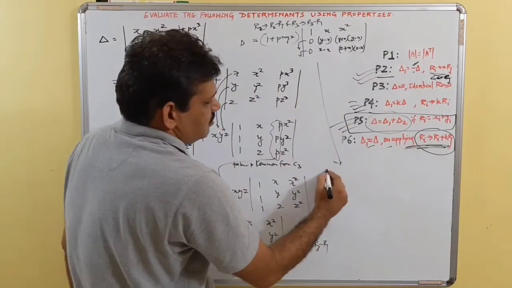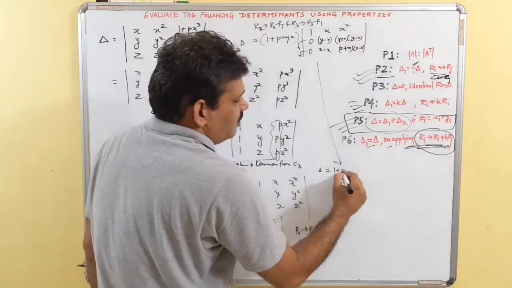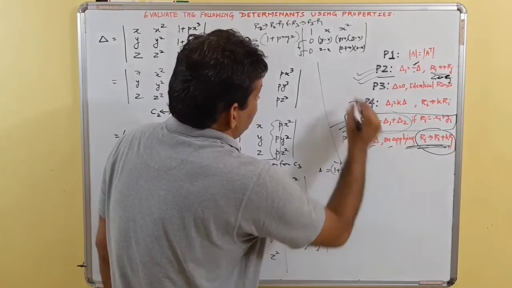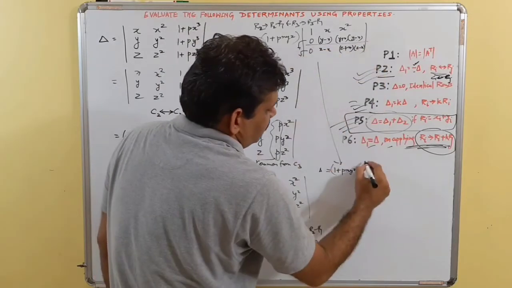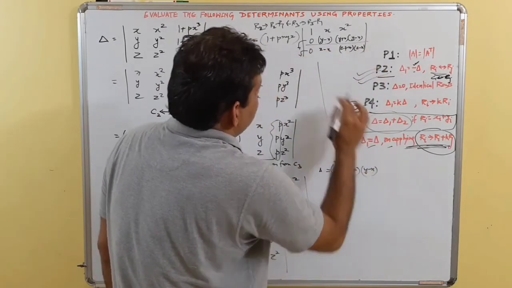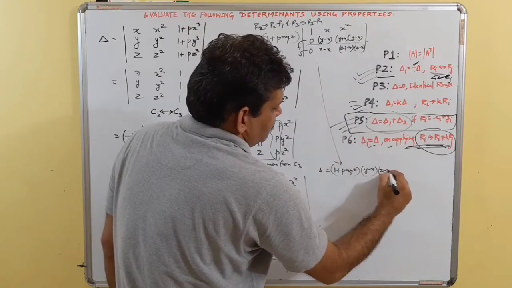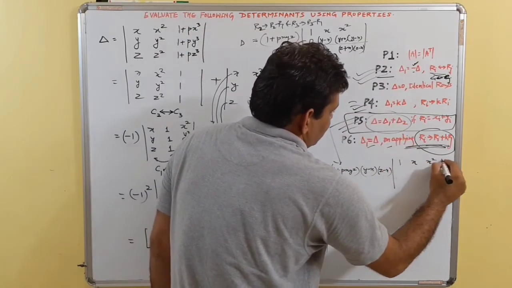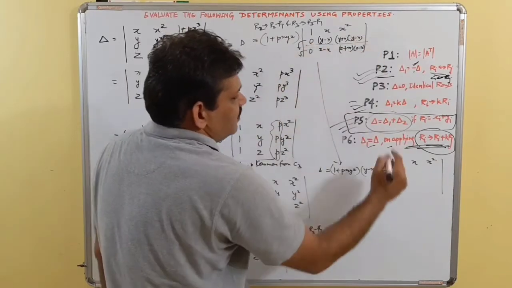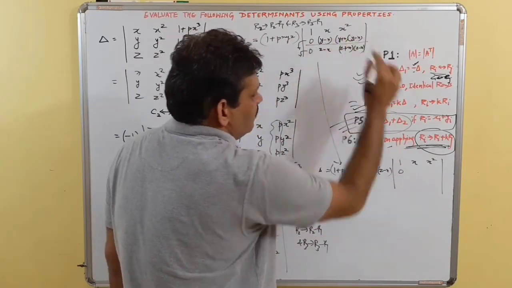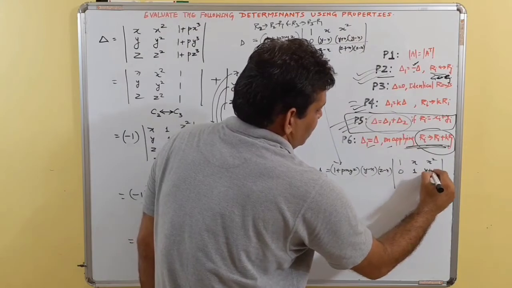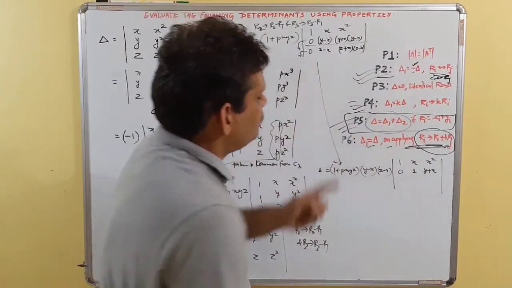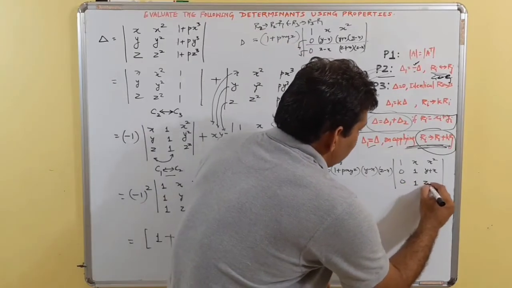So delta is equal to 1 plus pxyz into y minus x, z minus x, and the determinant 1, x, x square; 0, 1, y plus x; 0, 1, z plus x.